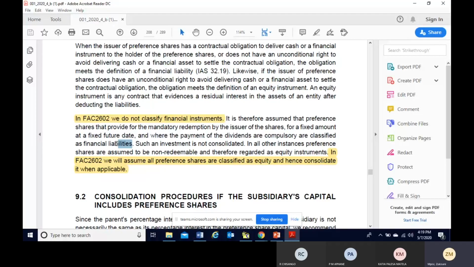Such an investment is not consolidated. In all other cases, preference shares are assumed to be non-redeemable, therefore equity instruments. So in this particular course, we will assume all preference shares are classified as equity, hence consolidated when applicable.